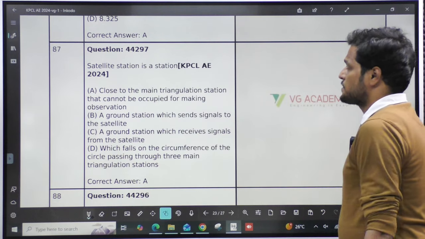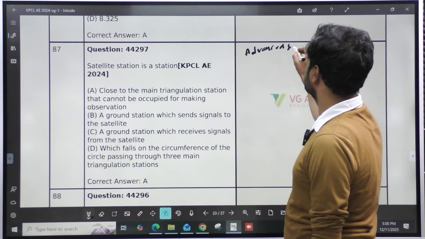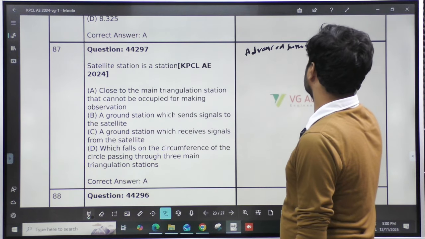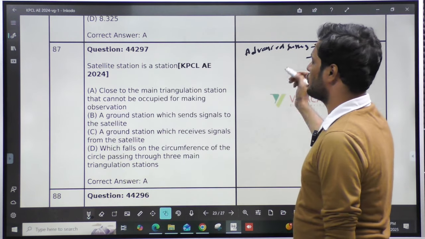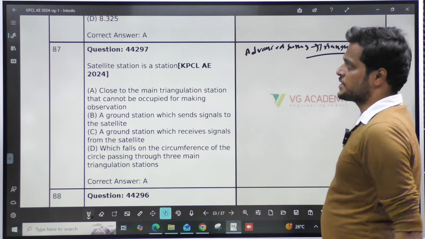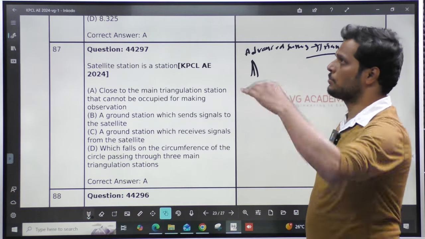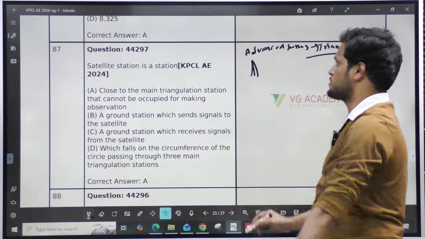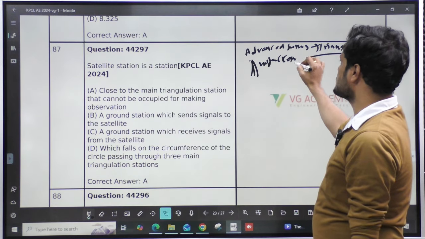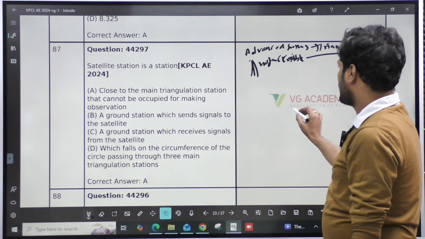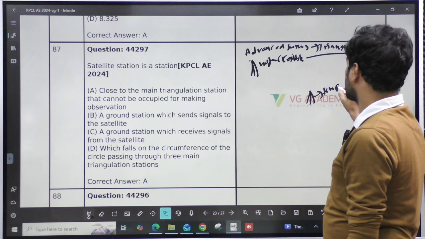Satellite station is a station, so this is from advanced survey, triangulation method. So in triangulation method, whenever any station is not accessible, suppose some tower or anything which is at higher elevation, so it is not accessible. So when the station is not accessible, what we will do, we create a temporary station.